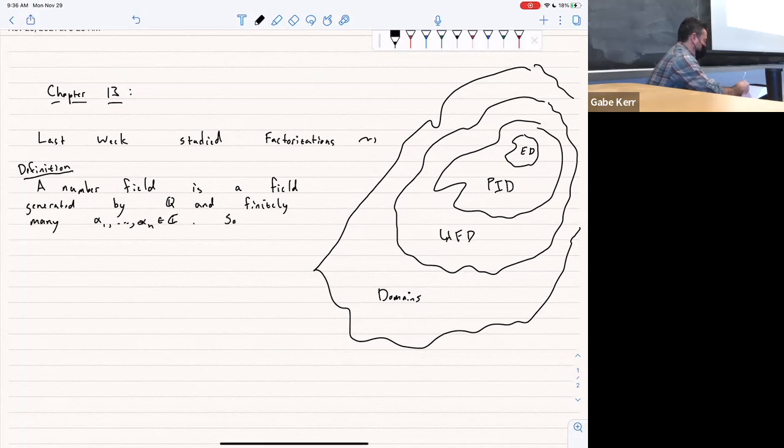So the notation would look something like this. A subset or subring or subfield, however you want to take it, as Z, if you want to look at it that way. There are other ways of thinking about it.